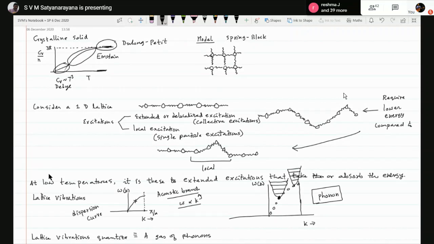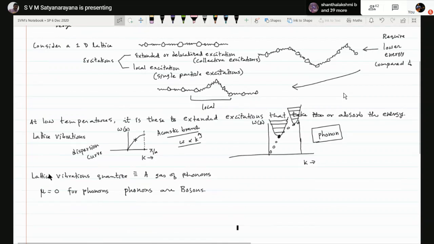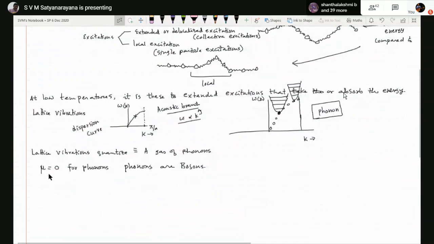So these collective excitations are the ones which are most likely to be excited when your temperatures are very small. So we should be able to understand how these collective excitations take the energy, and that will give us some information about the specific heat.